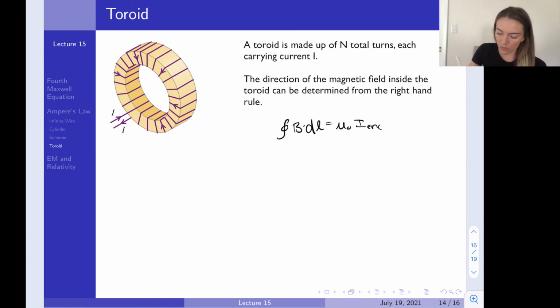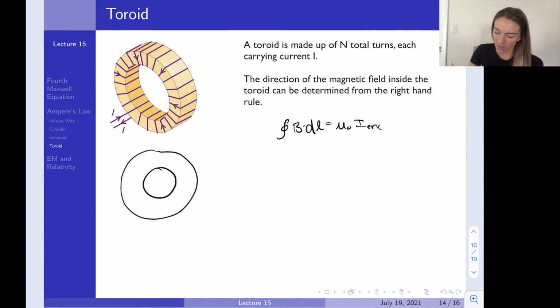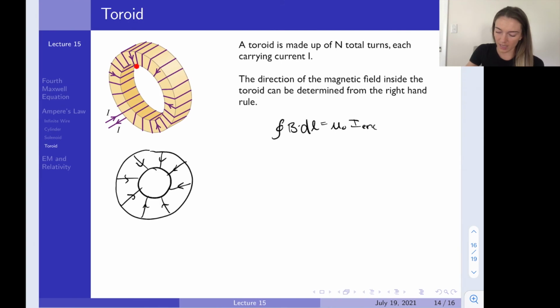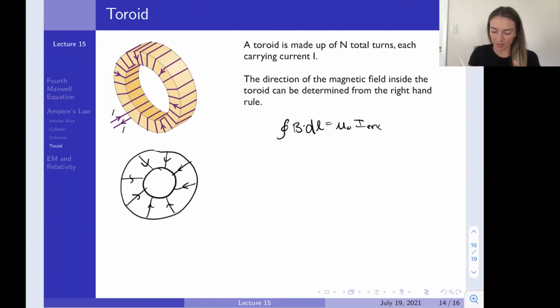Now I'm just going to draw this, so imagine we're looking down on the toroid. The way it's drawn from this picture, the current is going in towards the center of the toroid.